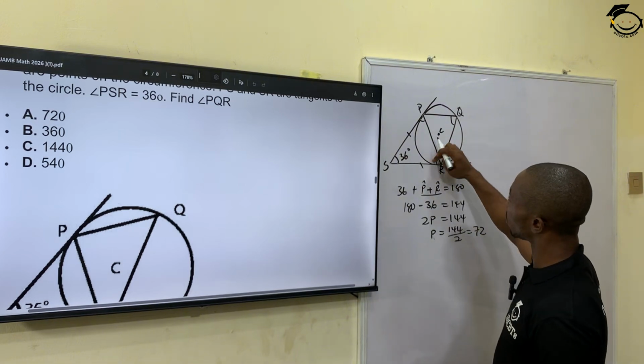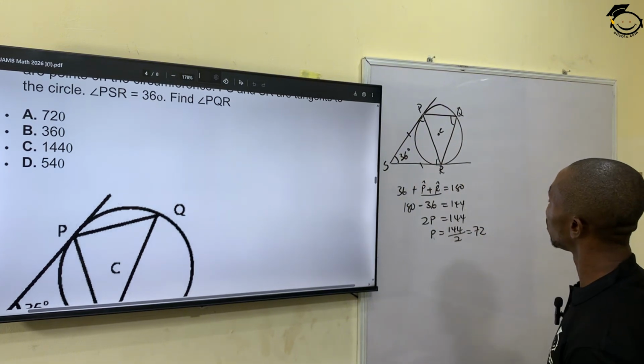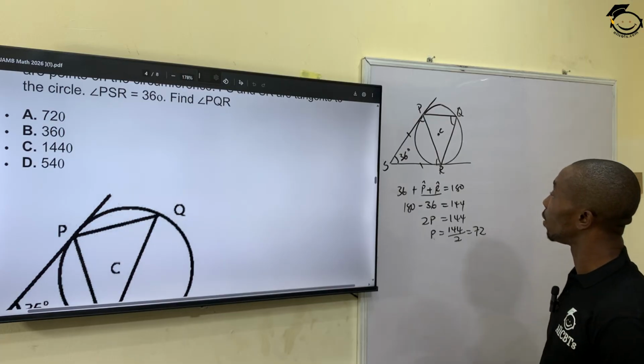That means these two angles are 72 degrees.